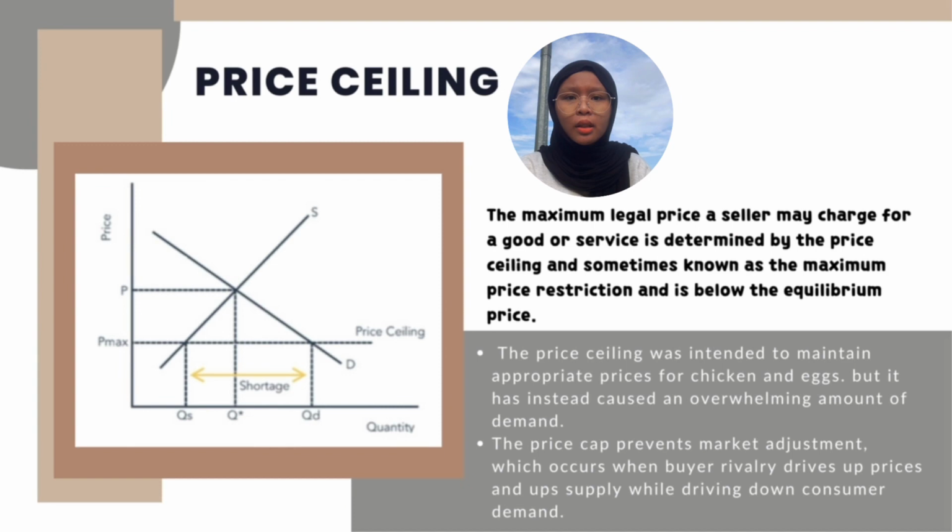So as you can see in the graph, price ceiling is a maximum amount that a company can charge on something. So the price ceiling is located underneath the equilibrium. Why? Because this is the maximum amount that a company can sell it for. So a company cannot sell a product over the price ceiling, and this causes the price to go from P to P max.